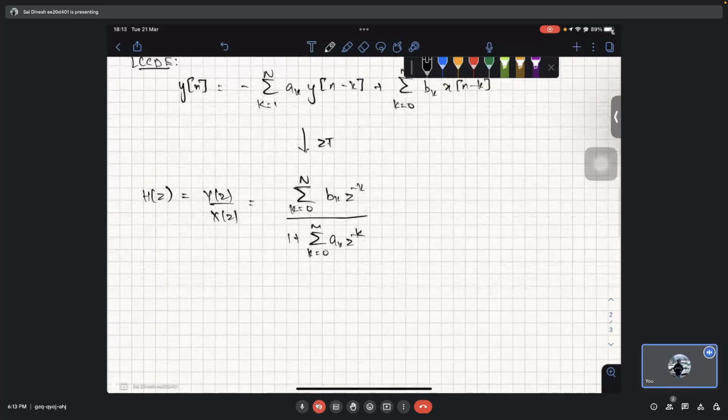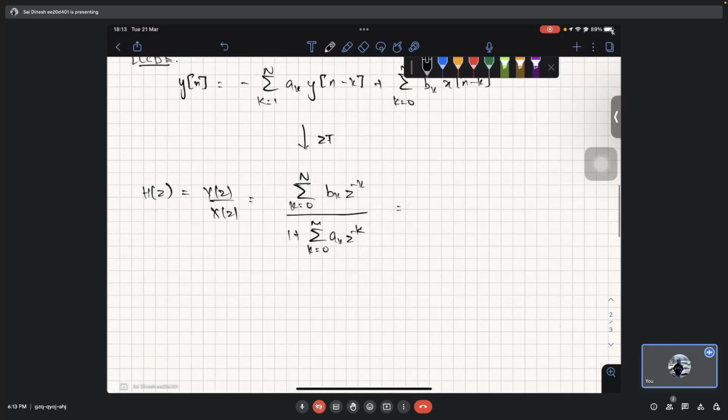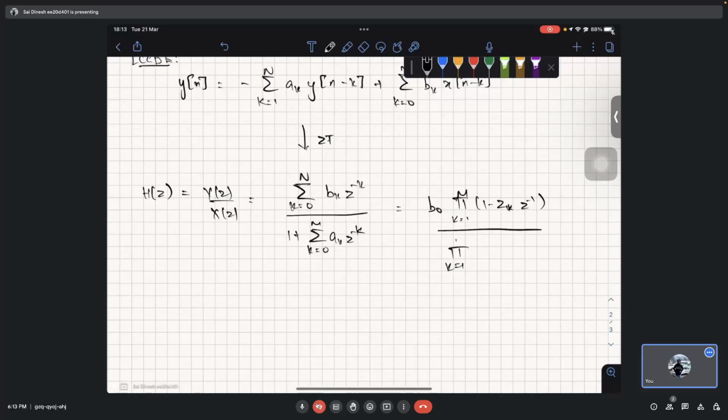And then we can split them into the poles and zeros. I mean, we can find the poles and zeros: the zeros are the roots of the numerator and the poles are the roots of the denominator. Then write it in the pole-zero format, product k equal to 1 to M, 1 minus z k z inverse, where z k are the zeros, by product k equal to 1 to N, 1 minus p k z inverse, where p k are the poles, right?